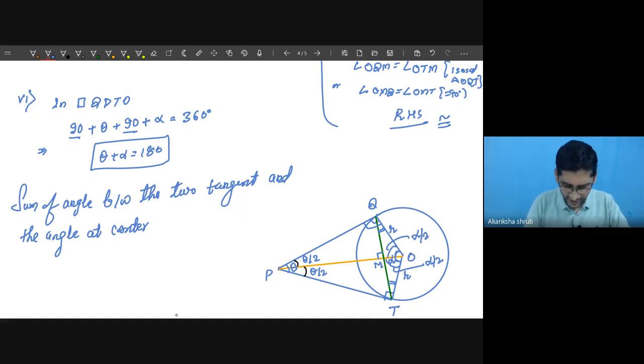Okay, that's simply called the angle at center. This is the sum, which is 180 degrees. Okay, it is this one.